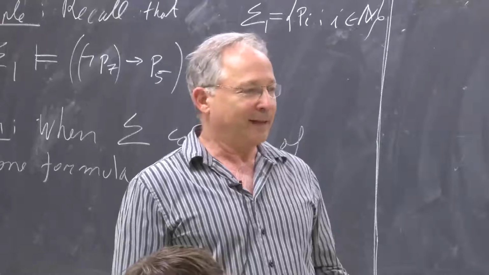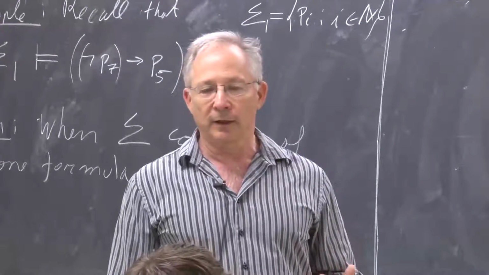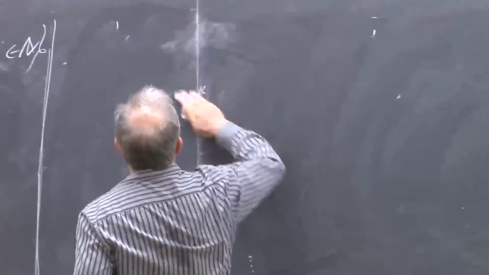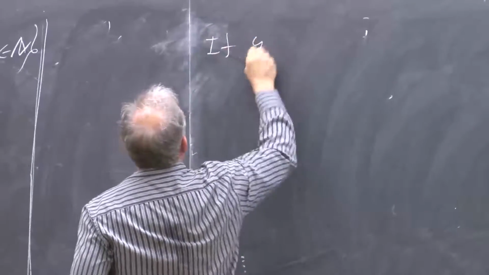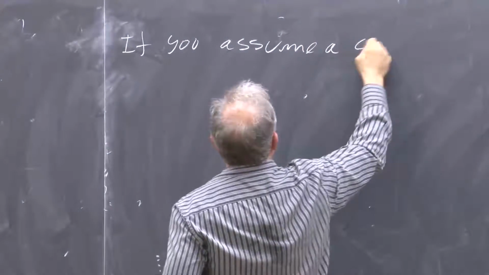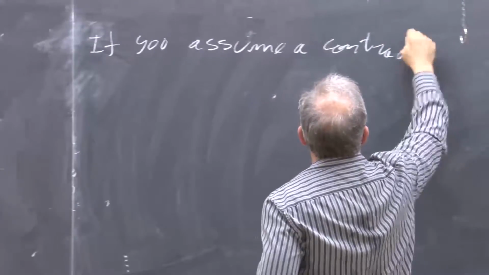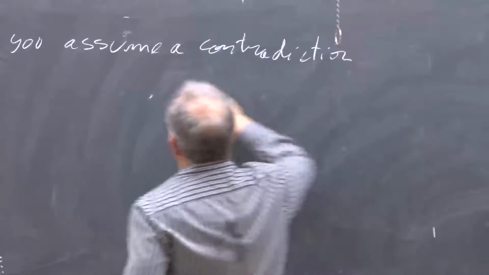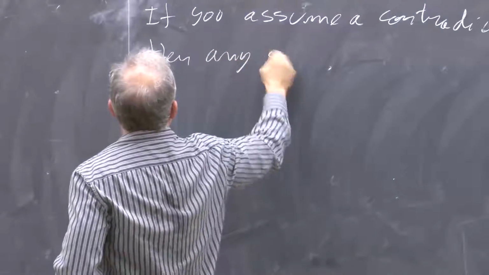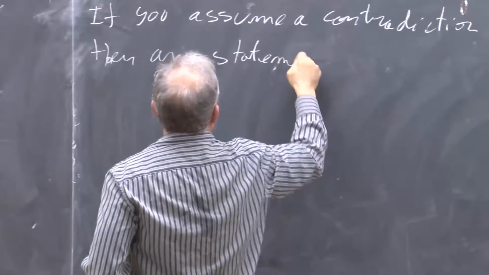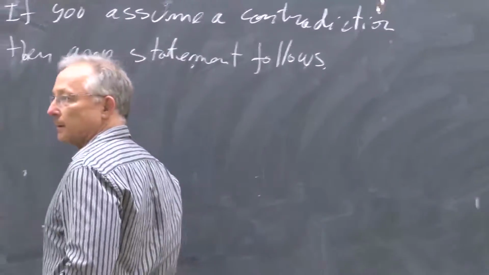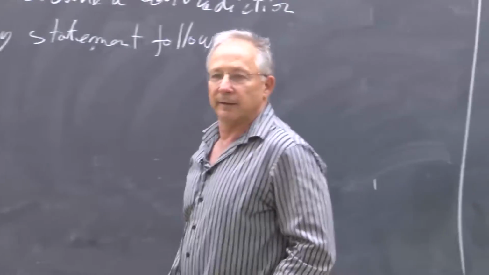So, in other words, if you assume a contradiction, then any statement follows. That's basically what it's saying.